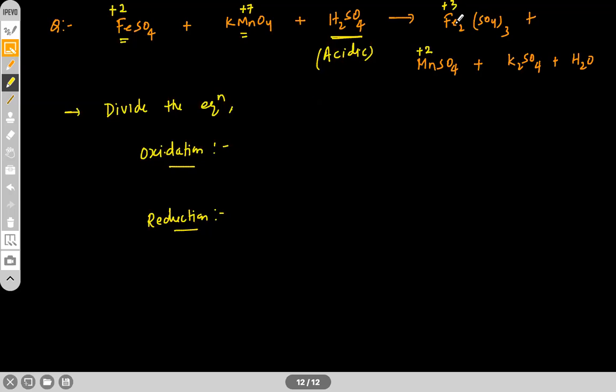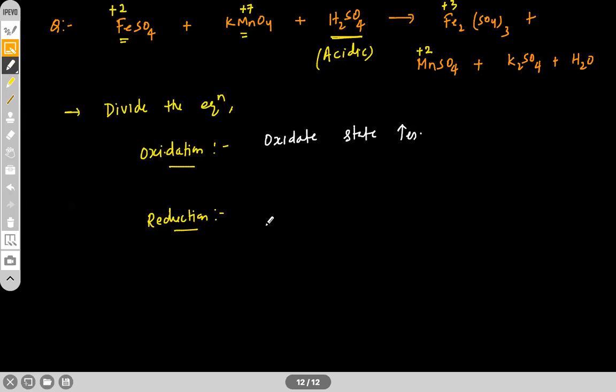So we have to write down first here the oxidation half and reduction half. I'm going very slowly here so that you can understand this. Okay. Oxidation half is the one where oxidation state increases. Means for the atom or ion, if oxidation state increases, it means oxidation is taking place. For which atom the oxidation state is increasing?